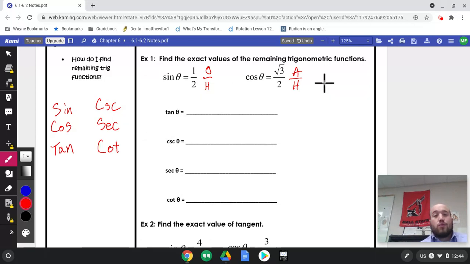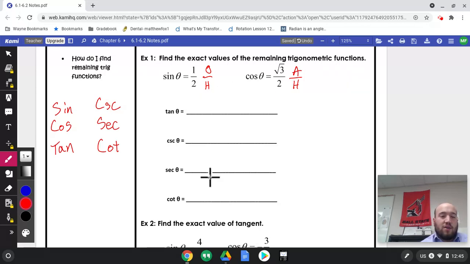So if you wanted, you could draw a picture. We don't even really need to, though. We have what O is, we have what H is, we have what A is. Now we just need to figure them out, and then if there's any square roots in the denominator, we've got to rationalize them.